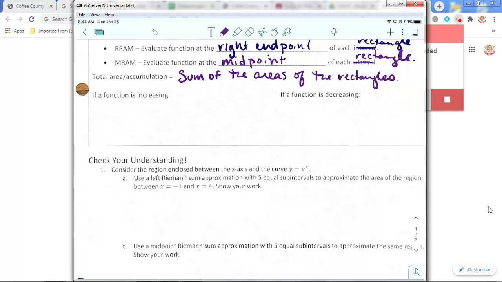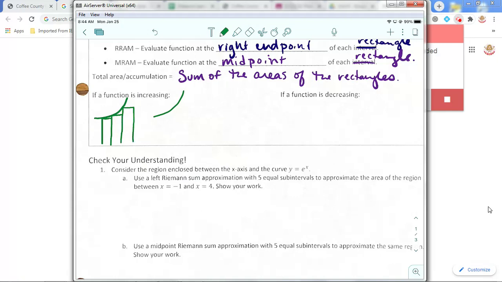Now, one thing we do in calculus is think about if we have an overestimate or an underestimate. So when a function is increasing, I'm going to draw two increasing functions, and it's a left Riemann sum. So the left corner of the rectangle is what sits on the curve. All right.